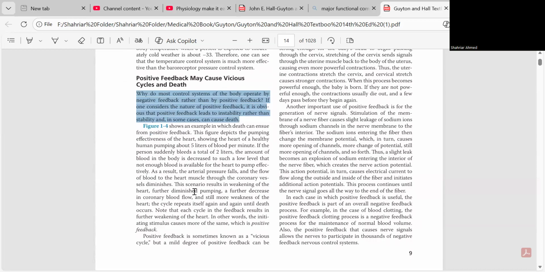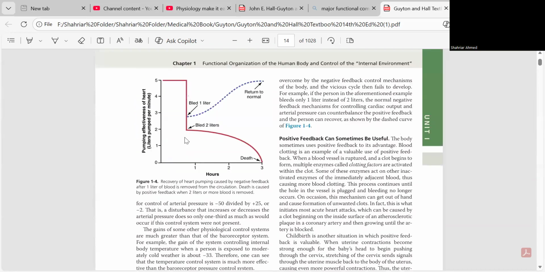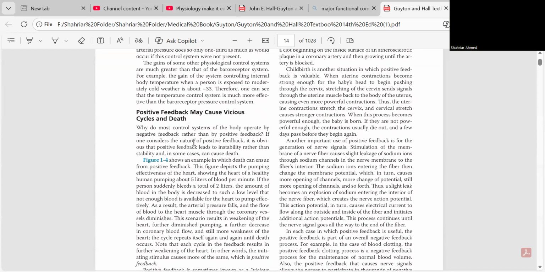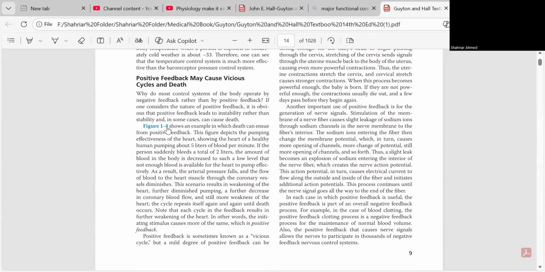Now we'll discuss how positive feedback system may cause vicious cycle and death. This is a figure. Figure 1 shows an example in which death can ensue from positive feedback. This figure depicts the pumping effectiveness of the heart, showing the heart of a healthy human pumping 5 liters of blood per minute. We know that the heart pumps 5 liters of blood per minute.